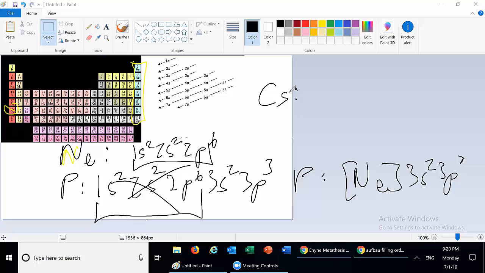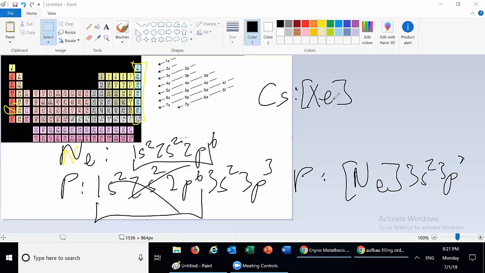Oh, wait, you need to add on. Rn is 86 while Cs is 55, so radon actually has more electrons than cesium. So it's bracket Xe.